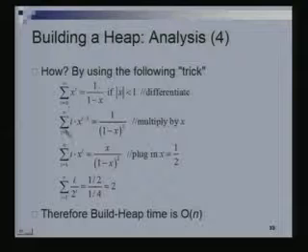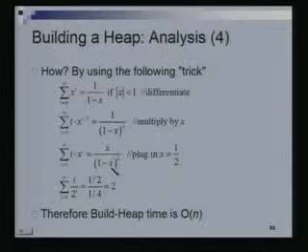I've dropped the i equals 0 term because that would now contribute 0. The differential of the right hand side is just 1 over 1 minus x squared. Now I multiply both sides by x to get i times x to the i equals x over 1 minus x squared, and now I plug in x equals a half. So I get i over 2 to the i going from 1 through infinity equals 1 over 2 divided by 1 over 4, which is equal to 2.